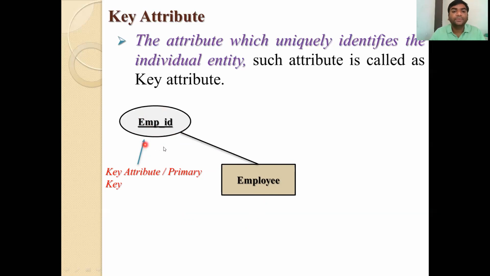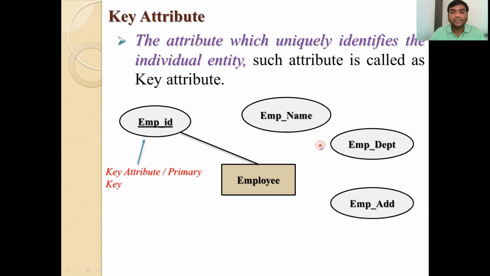That particular attribute is referred to as a key attribute, or it is also known as the primary key. The remaining attributes are employee name, employee department, and employee address.